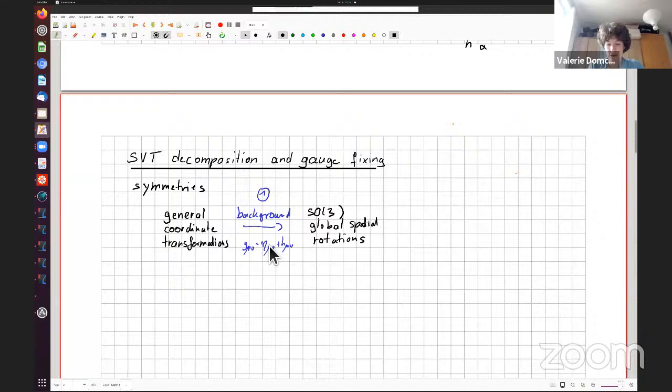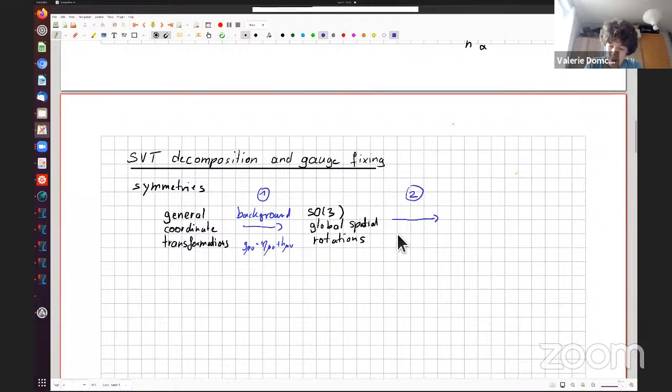Now that we have global spatial rotations, we can use the fact that we are only interested in the linearized theory, which means we can do a Fourier transform and all the k modes will behave independently. With this Fourier transformation, we can single out an individual k mode and study only that mode.